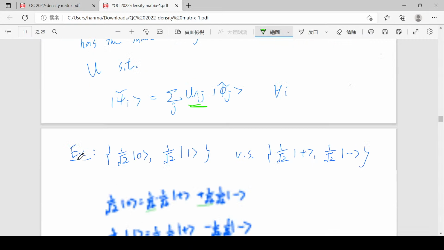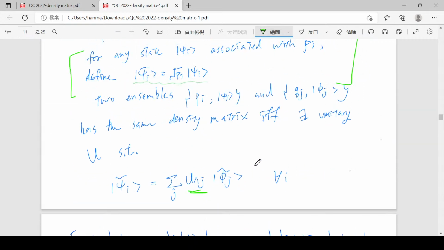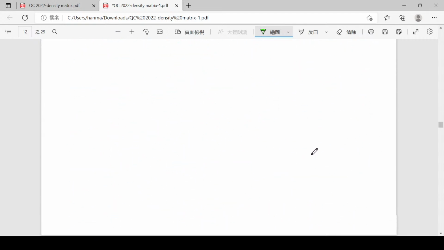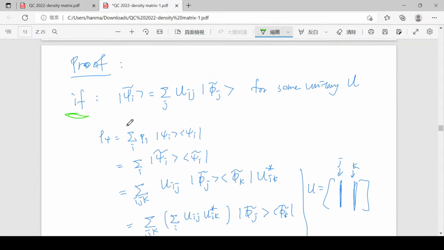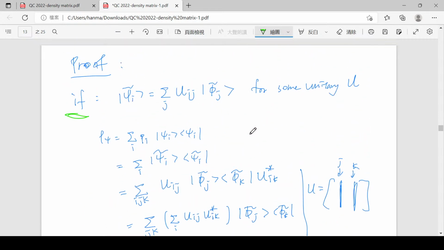And for the proof of this, let's describe the annoying part first. Okay, so this is if and only if. One of the directions is actually easy: the if direction. If your two ensembles satisfy this relationship, then you can just do the calculation. You write the density matrix related to this ensemble and use this relationship.